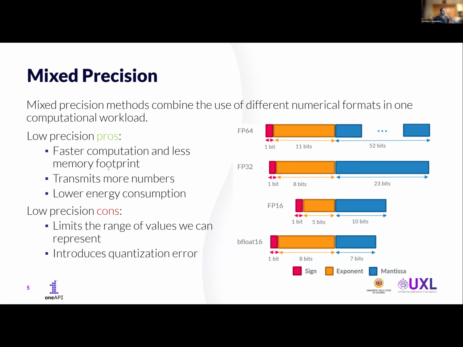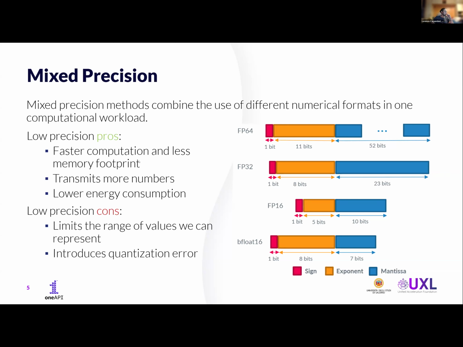For example, we have faster computation because we can exploit specific hardware for lower precision formats, and also we are using less memory footprint. And if you think of an execution model like a host-device execution model, if we use lower precision formats, we can transmit more numbers, for example, from a CPU to a GPU.